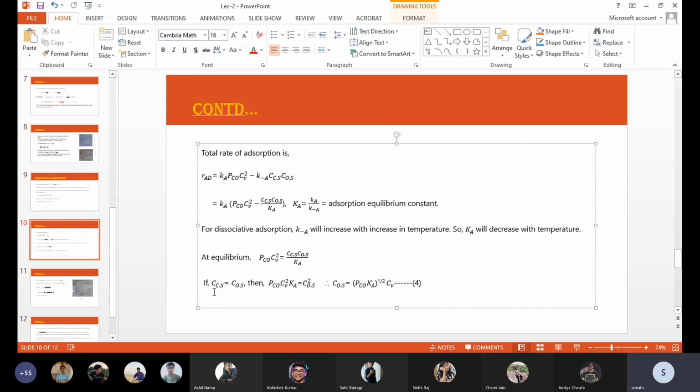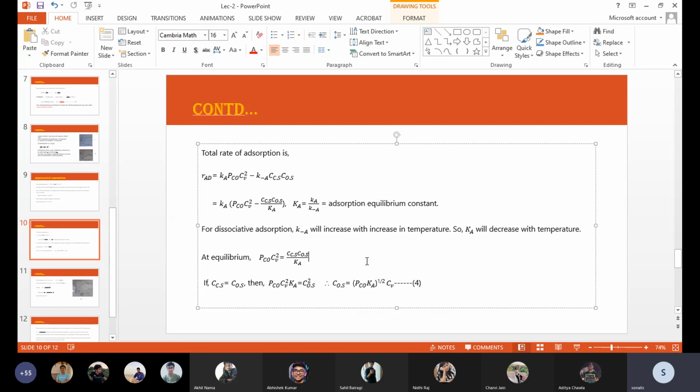If CCS is equal to COS, if we consider that the number of carbon atoms formed is equal to the number of oxygen atoms formed, then we can consider the active site concentration of CCS equal to the active site concentration of COS.